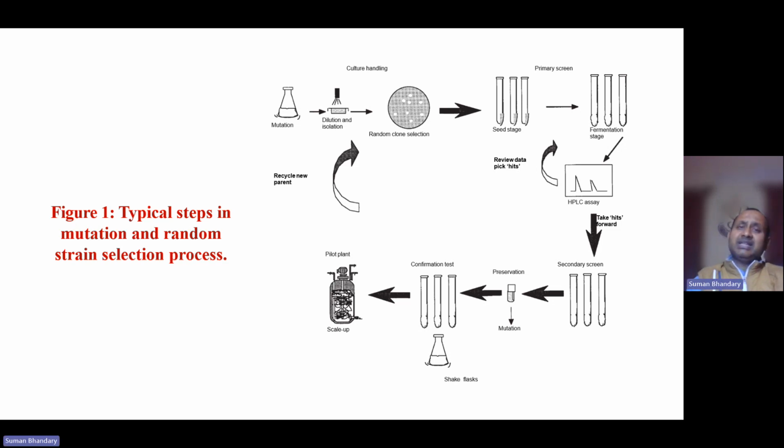And now we can see that the improved, modified strain can produce penicillin with a high yield in a continuous stirred tank type reactor. And in the scale-up process, we can prove this.